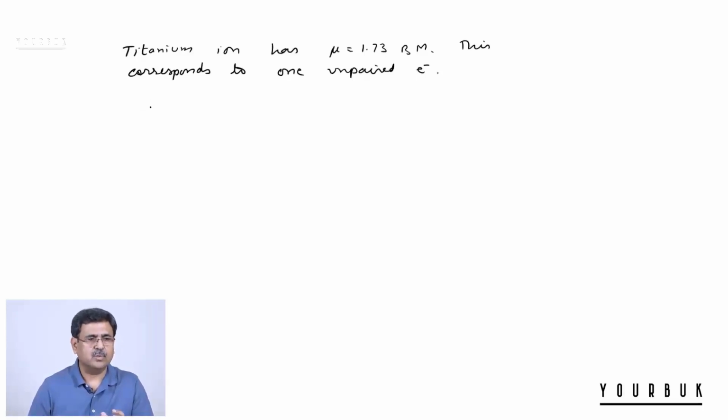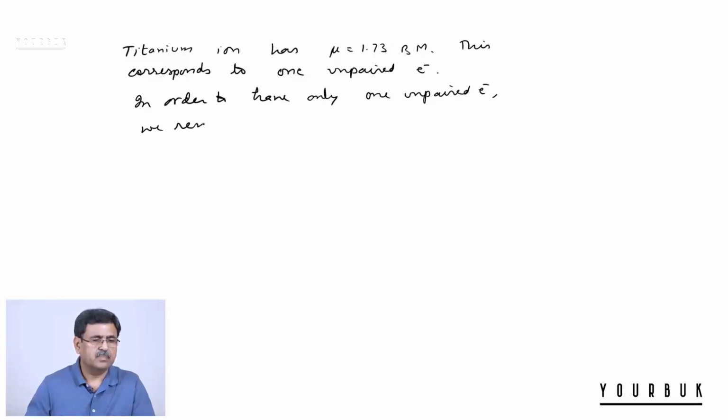So we have to remove electron from the 3D, but we cannot remove electrons from the 3D without removing 4s. So in order to have only 1 unpaired electron, we remove 2 electrons from the 4s and 1 electron from the 3D subshell.